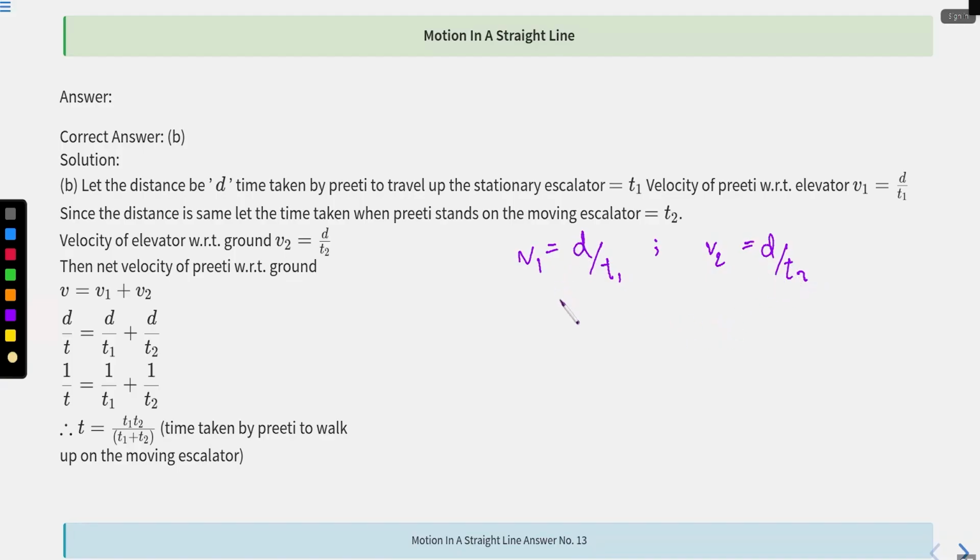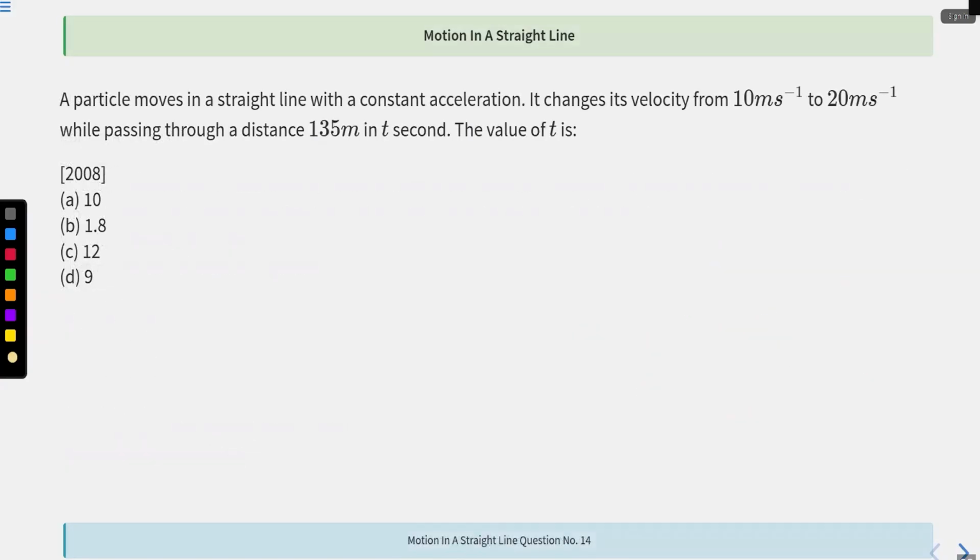What they have told you is that you have to calculate d by t at the end, that is d by t1 plus d by t2. From this simple equation, 1 by t is equal to 1 by t1 plus 1 by t2. So at the end, you need to calculate time. Just compute it with this equation, and you get time as t1 t2 divided by t1 plus t2. So this is the time taken by Preeti to walk up a moving escalator. All right, fine. Next question.